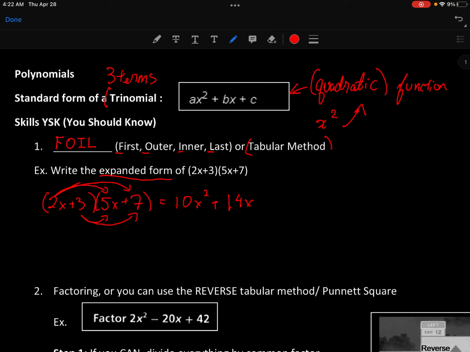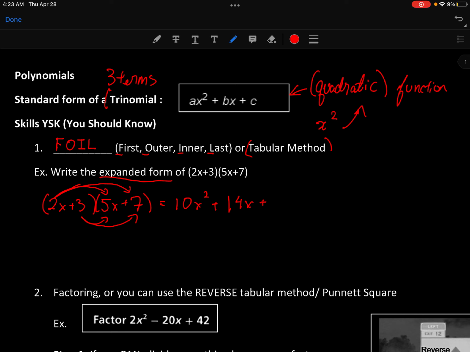Now it's inner, which is 3 times 5, which is 15x. And now we do last, which is 3 times 7. You add those up and you get 10x squared plus 29x plus 21, and now we are done.